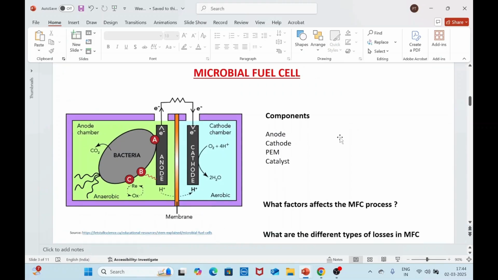This is a kind of area which is gaining interest. Lots of work has been done on this, but again, this has been of interest to researchers in recent days.